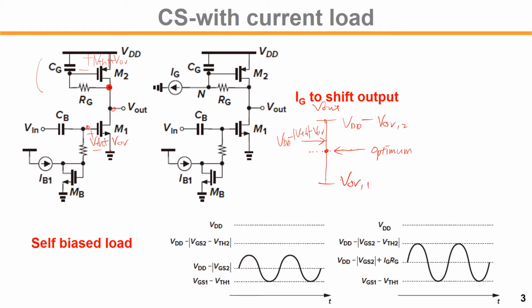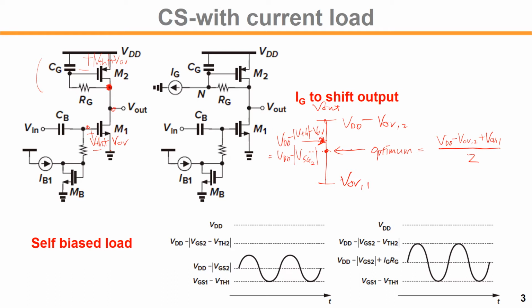So that's VDD minus VSG of M2. That's the actual output biasing point. But the optimum would be VDD minus overdrive of 2 plus overdrive 1, over 2, right? So there is some small discrepancy between the optimum bias and the real biasing point.